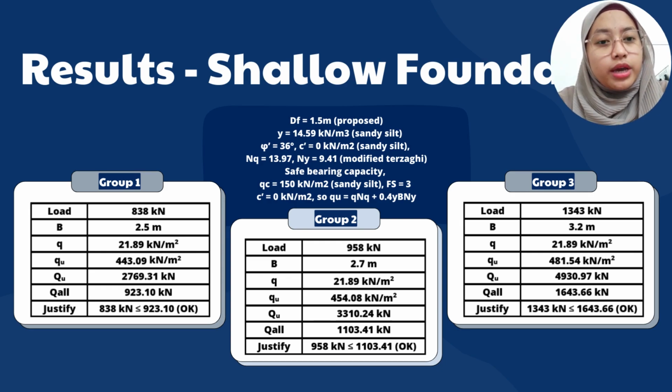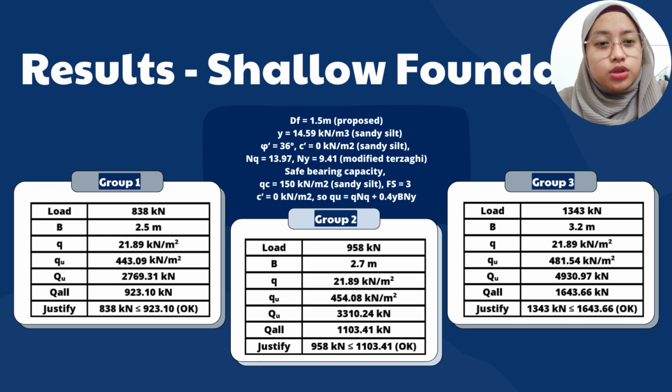From the square foundation formula by Terzaghi, we can simplify the formula to qu equals q Nq plus 0.4 gamma B N gamma. The result for group 1: the maximum load from the column for group 1 is 838.